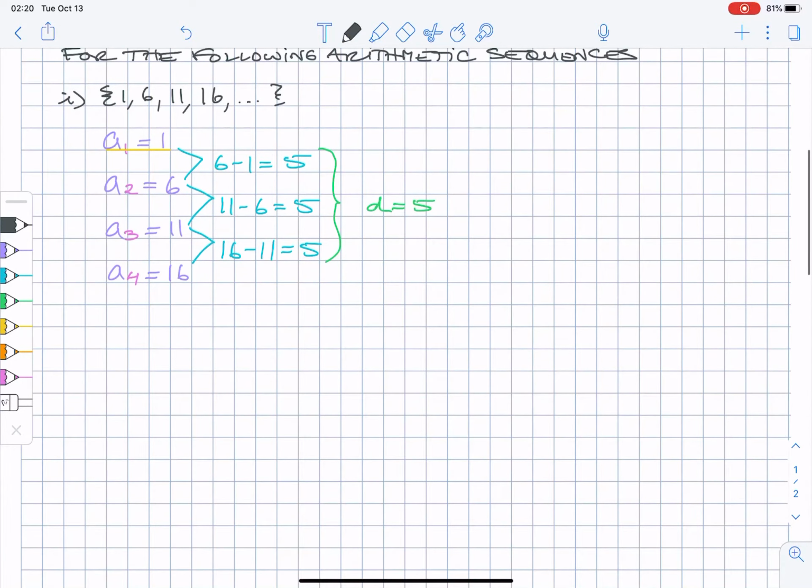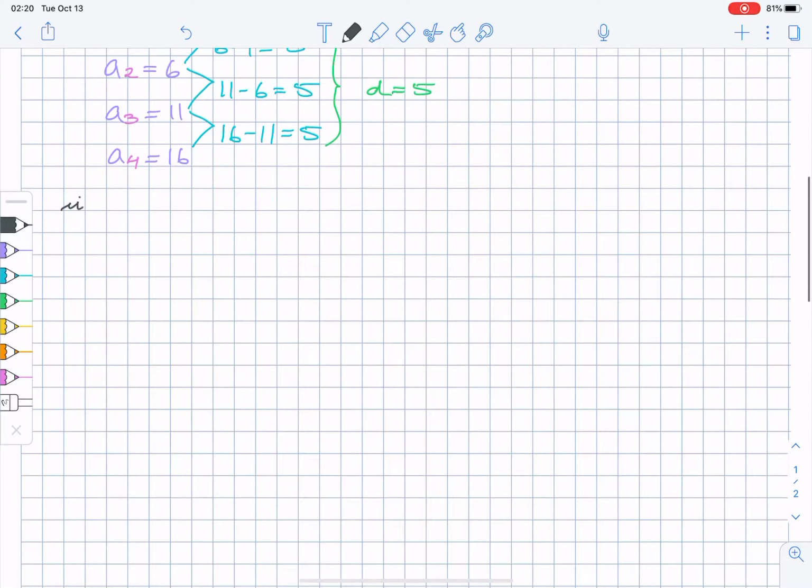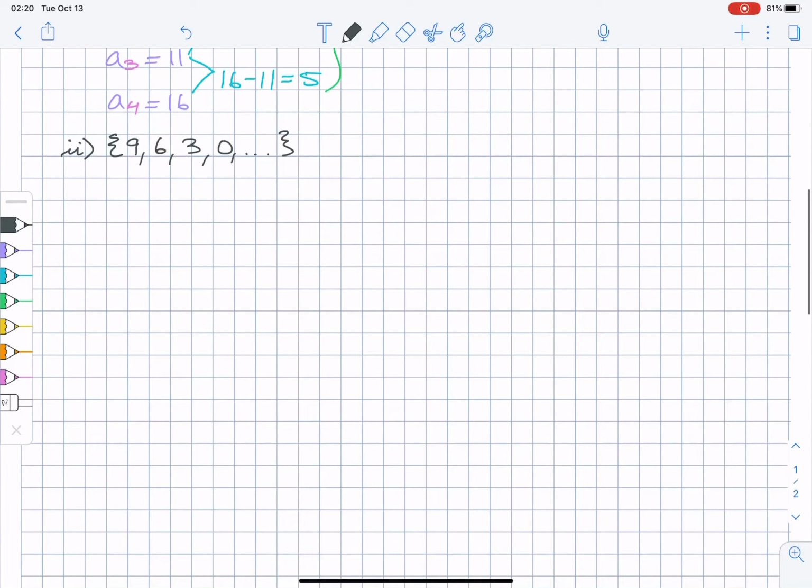So let's do another one. It's fairly straightforward, as arithmetic sequences are. Let's say we have 9, 6, 3, 0, etc. Okay, so in this case a sub 1 is equal to 9. A sub 2 is equal to 6. A sub 3 is equal to 3.